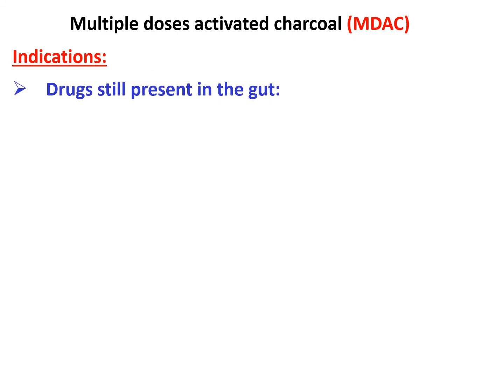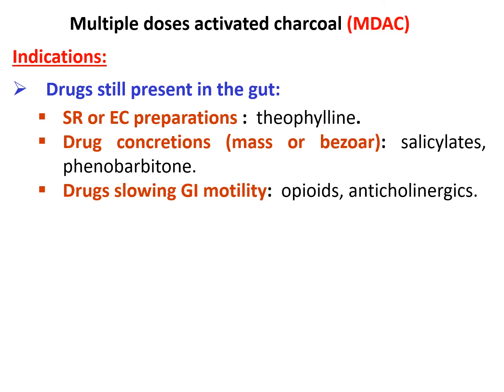Multiple doses of activated charcoal can be used when drugs are still present in the gut for a long duration, such as large preparations, for example, sustained release or enteric-coated preparations, or drug concretions. Do you remember them? Yes, the drugs that stick together when entering the humidity of the stomach and form a mass or bezoar.